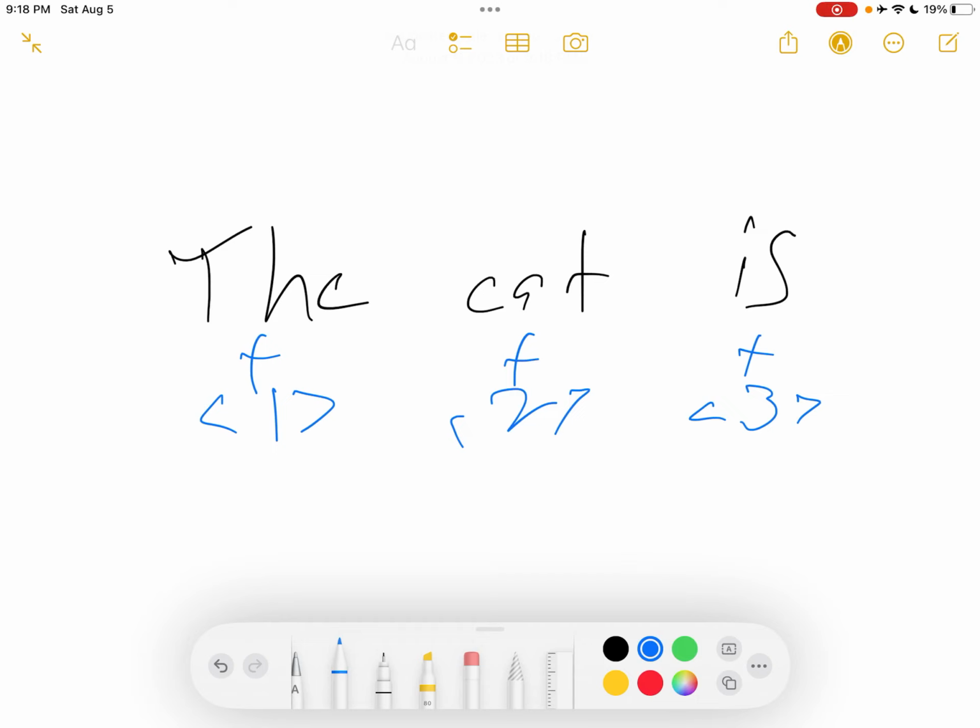But what we discovered in ALiBi is that transformers overfit to these position representations, and therefore they cannot extrapolate to longer sequences.